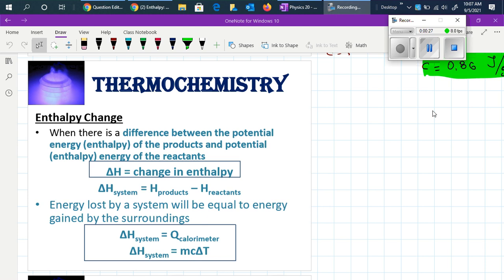So the very first thing that we have to explain in today's class is why do we calculate enthalpy change and why don't we calculate just the enthalpy of a reaction. What we have to keep in mind here is that the internal energy in the bonds of the chemical reactions can be transferred when a reaction is happening in the form of heat and energy.